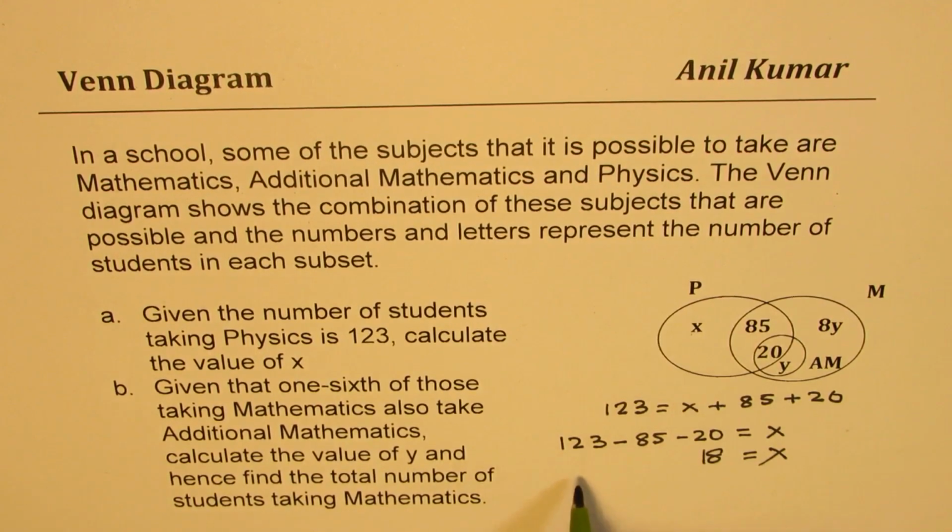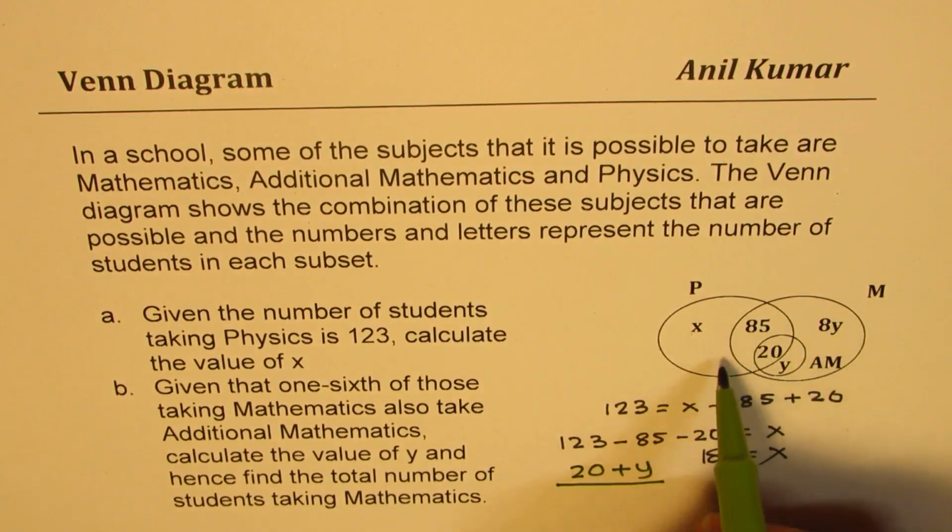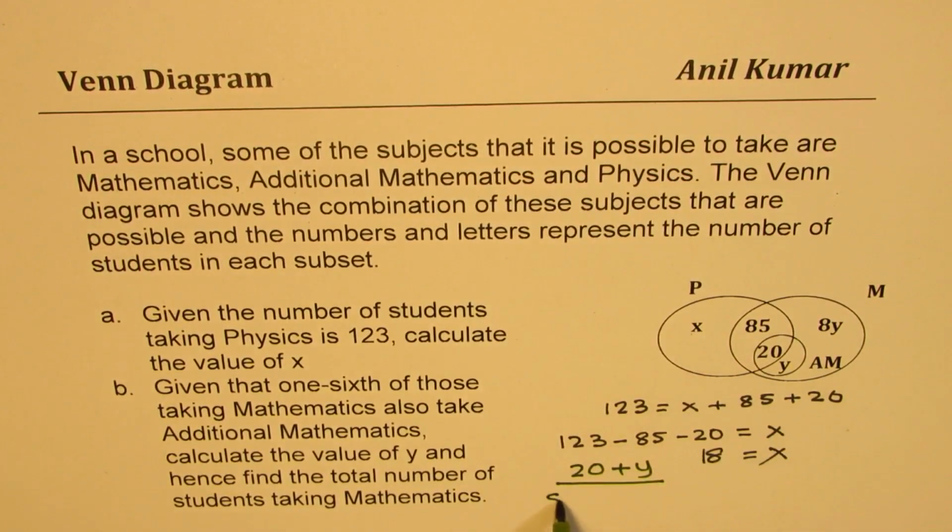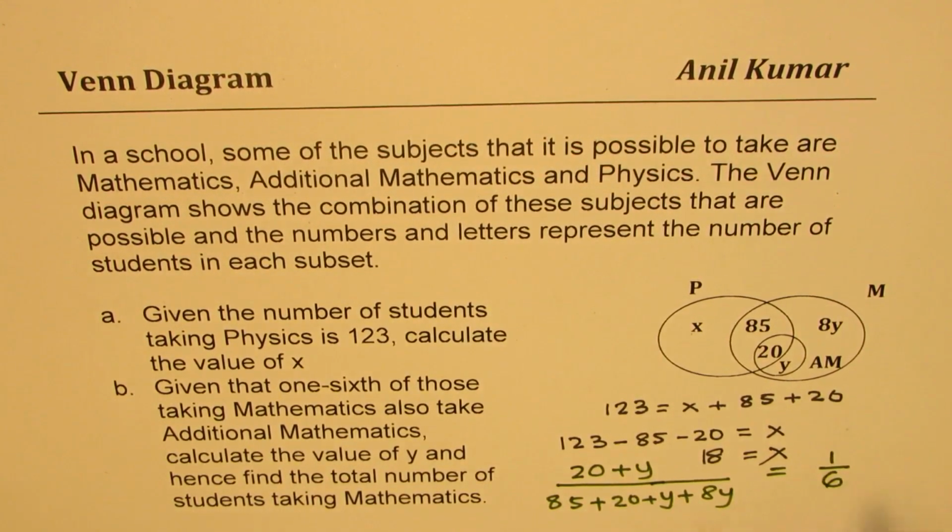So the ratio 20 plus y over all of them, which is 85 plus 20 plus y plus 8y, correct? All of them. So this ratio is 1/6. You get the idea. So that is what you get as the second equation, part B.